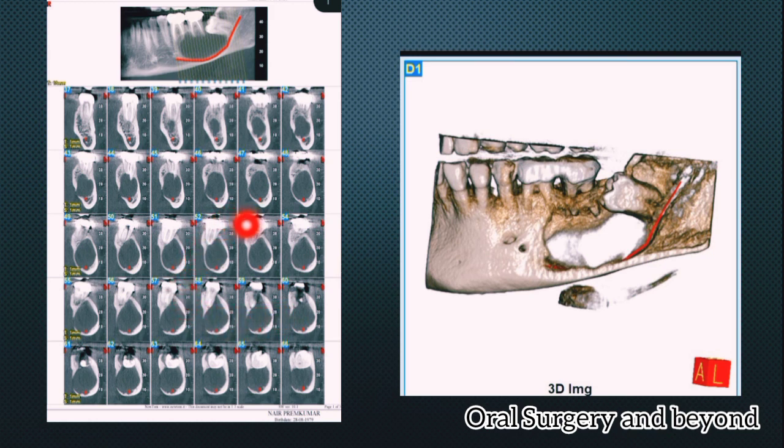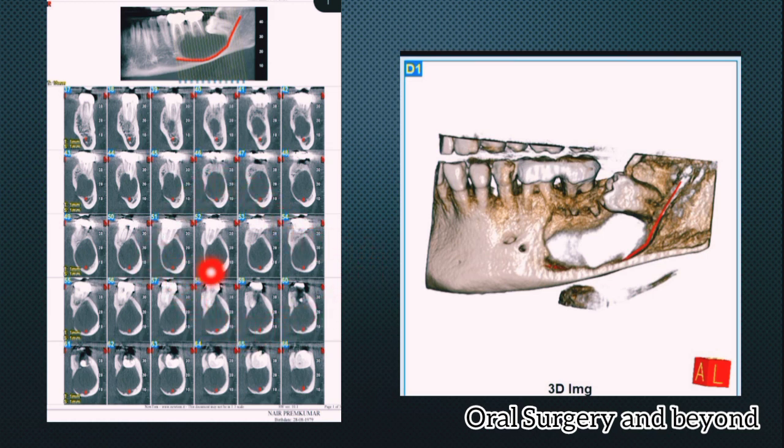If there is a chance of ameloblastoma, there is a high chance of buccal cortical expansion, right? We can see here a very minimal cortical expansion. So radiologically, we can rule out unicystic ameloblastoma here, but we will keep unicystic ameloblastoma in the differential diagnosis.